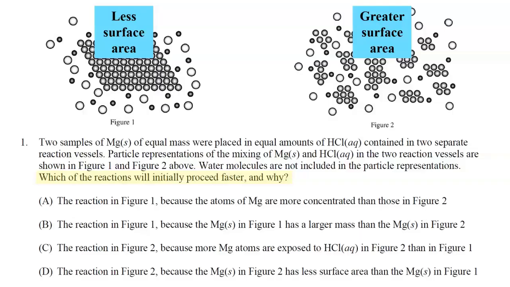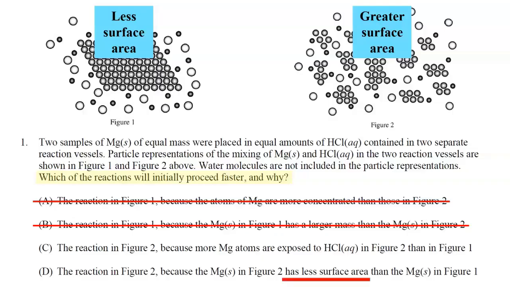So which of the reactions will initially proceed faster and why? The answer is figure 2. So I can eliminate choices A and B, and I'm looking for something about a greater surface area. Now, both C and D say figure 2 as the correct answer, but in choice D, it says that figure 2 has less surface area. That's incorrect.